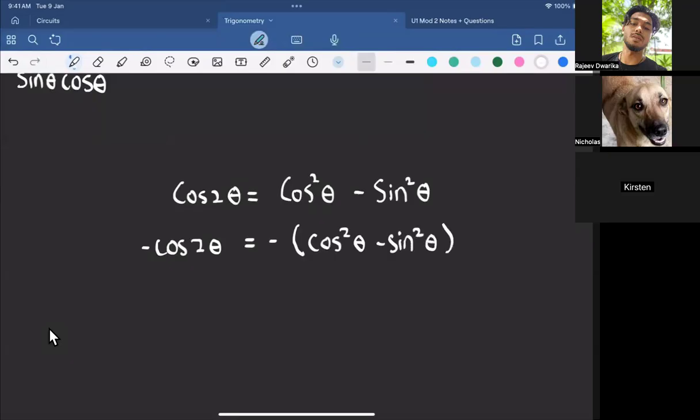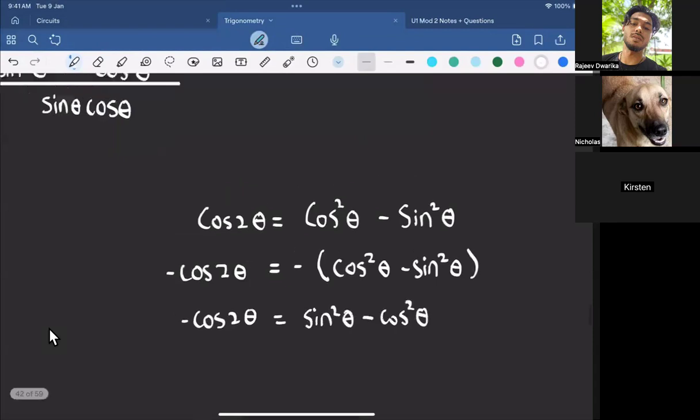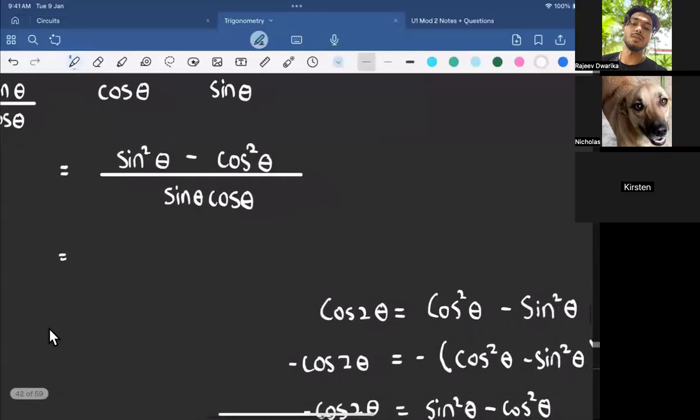When you expand, that would give sine squared theta minus cos squared theta. So what we're going to replace it with is minus cos 2 theta.